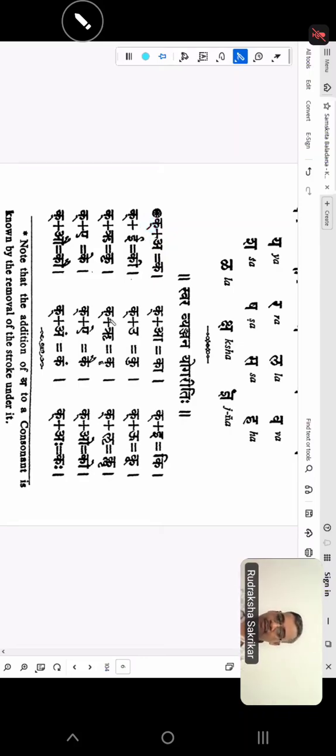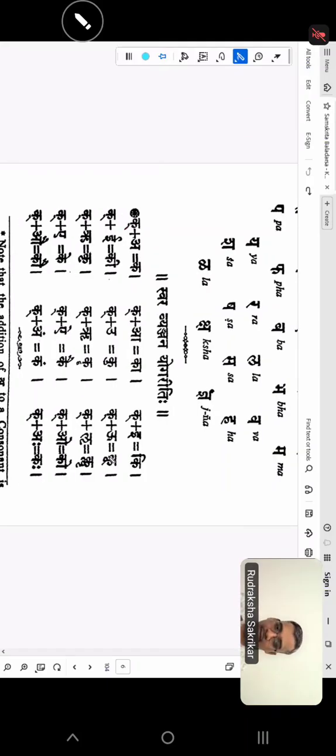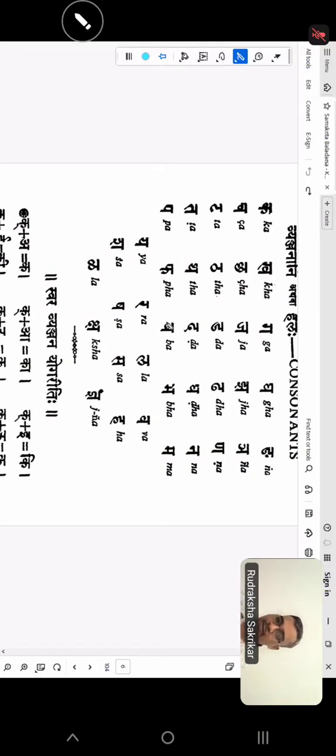Now I will tell you one interesting thing. When you see the symbols of all the vyanjanas, all the consonants, one thing we can observe common in all of them: in all these signs there is some part of vertical line. In k there is a vertical line, in kh, in g, in gh. In ng it is small, but there is still a vertical line above that.